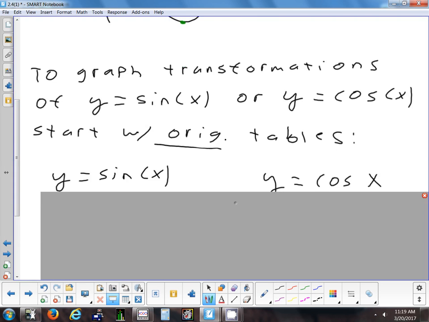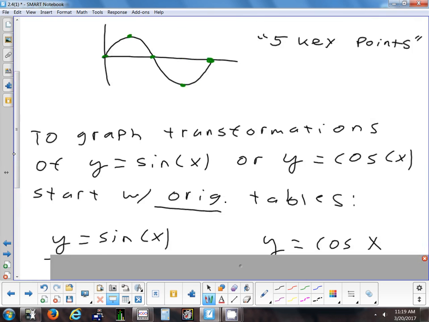Okay, I'm going to start with sine first. The way I think of it is this is kind of broken into 4 sections. 1, 2, 3, 4. And how many degrees is it to go from the beginning to the end?